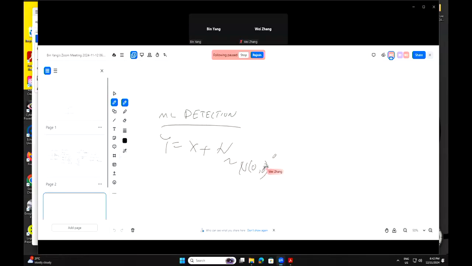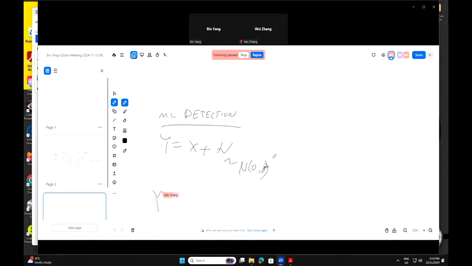So for this model, we send a signal x, and x is corrupted by the noise. We receive the signal y, and then we try to recover x from the observation y. So what is the best strategy to make this detection?